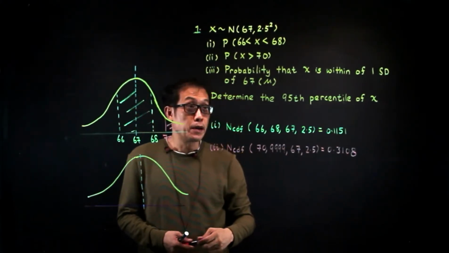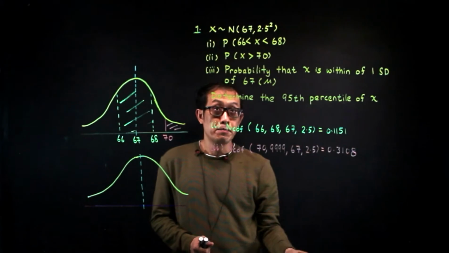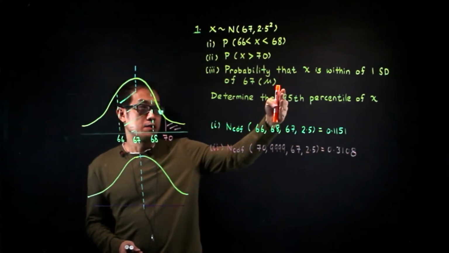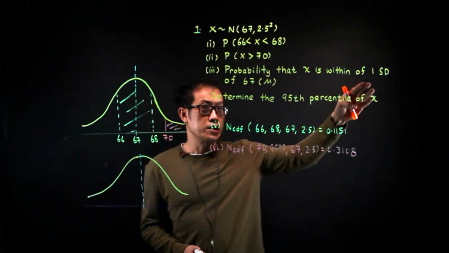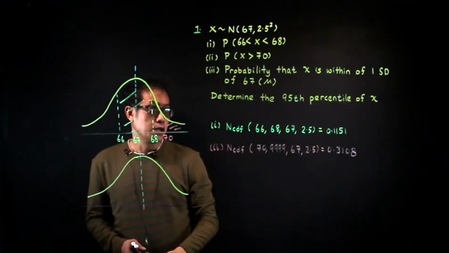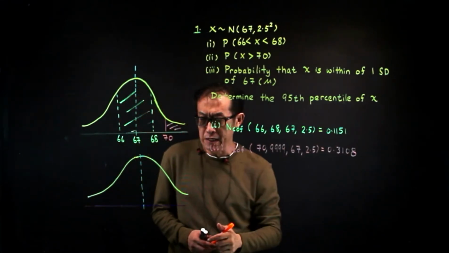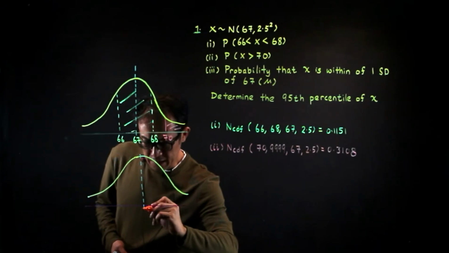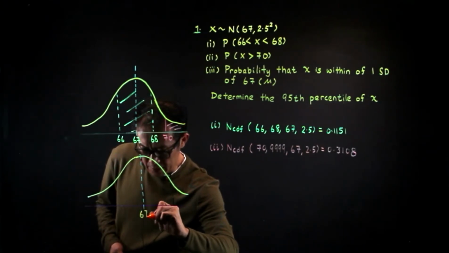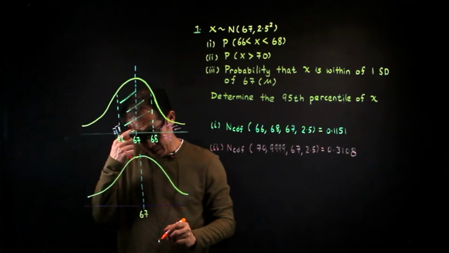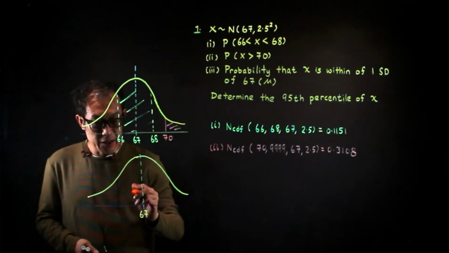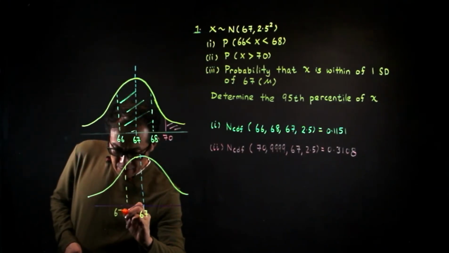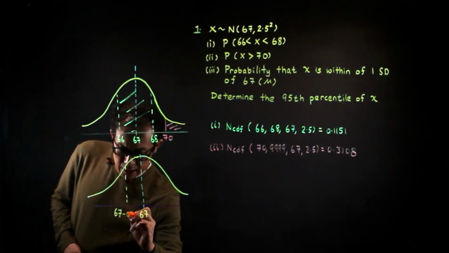Now let's move on to part 3. In part 3, you are asked to find the probability that X is within one standard deviation of its mean. What does within one standard deviation of its mean mean? Let's say this is the normal distribution of X, or the probability density function of X. This is 67. Within one standard deviation, that means here will be 67 minus 1 sigma.